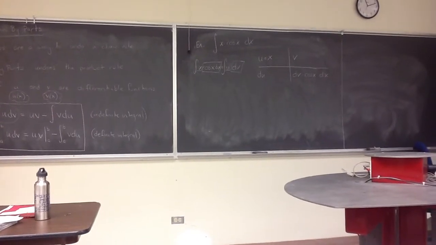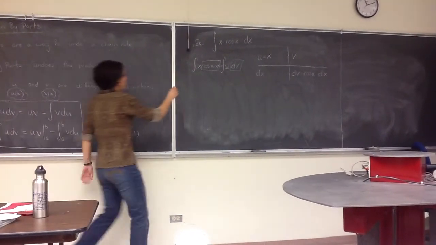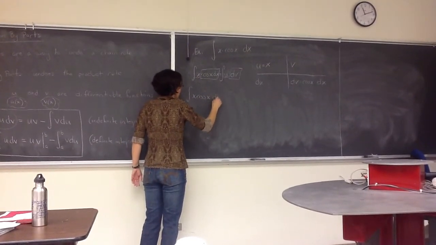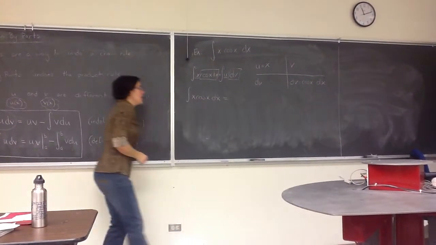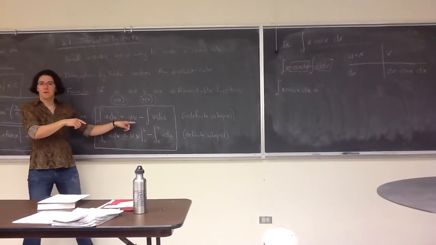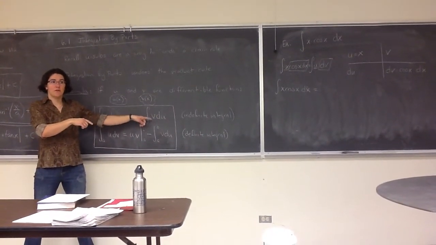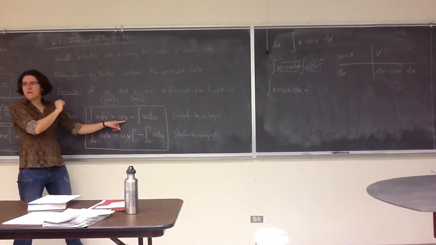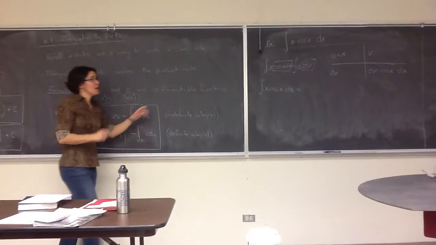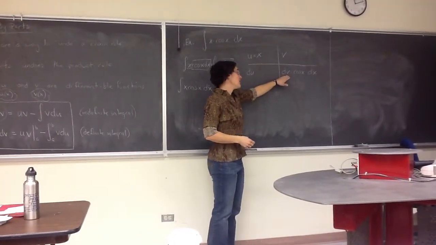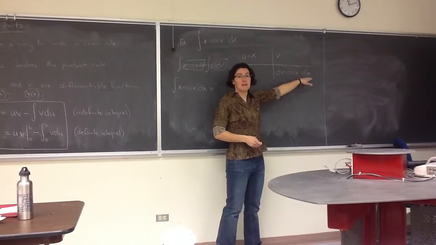Okay, so now I'm going to go back to my problem. I've got the integral of x cosine x dx. And the idea is that we have the integral of u dv is equal to uv minus the integral of v du. So I can write down what u is, but I don't know what v is. So I need to fill in the rest of this chart. I know that dv is equal to cosine of x dx.